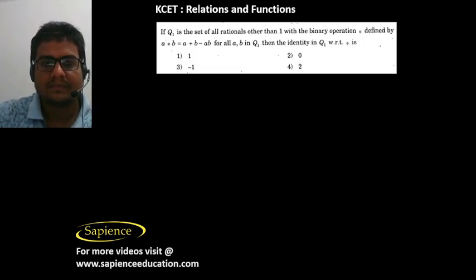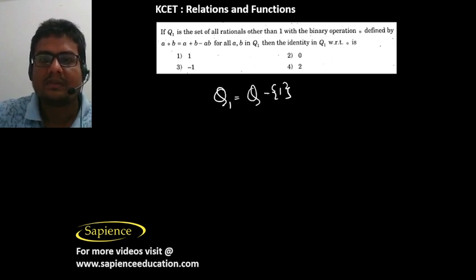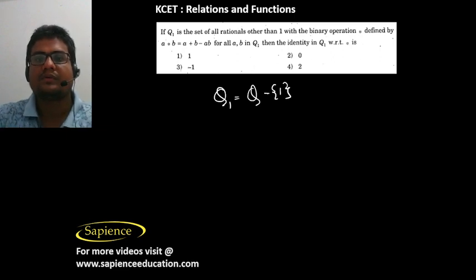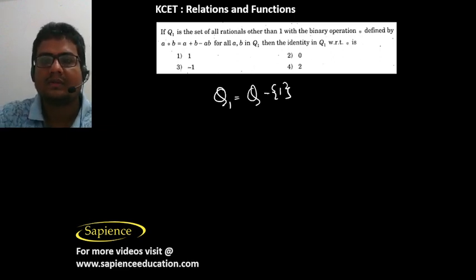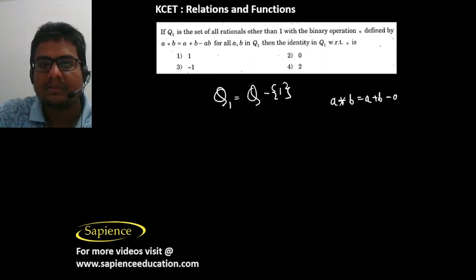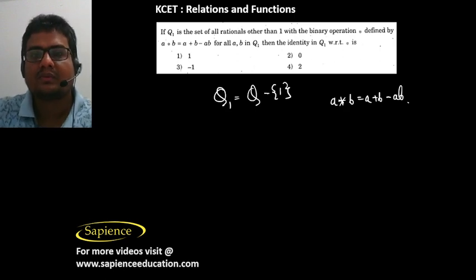Then in this question it is told that if q1 is the set of all rational numbers other than 1, it means it is q minus 1, with the binary operation star defined by a star b equal to a plus b minus ab for all a, b in the set q1, then the identity in q1 with respect to star is.